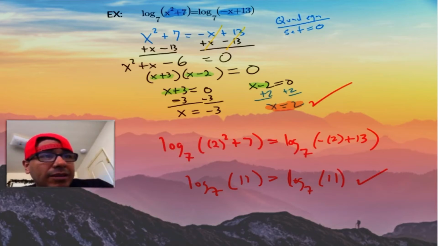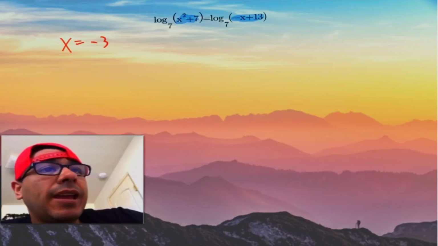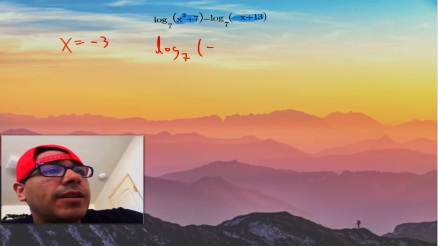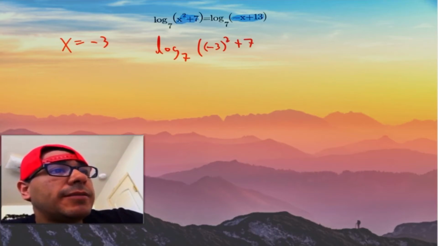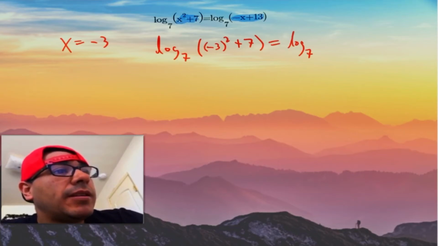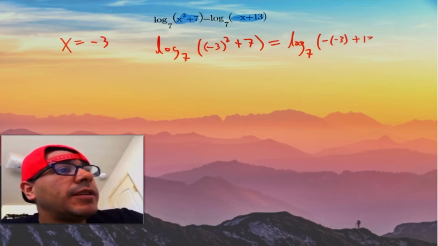All right, let's plug this one in too to see if it works out. Let's plug it in everywhere we see x. So we have log base 7 of -3 squared. Be good users of those parentheses. Plus 7, equals log base 7 of -3 plus 13.